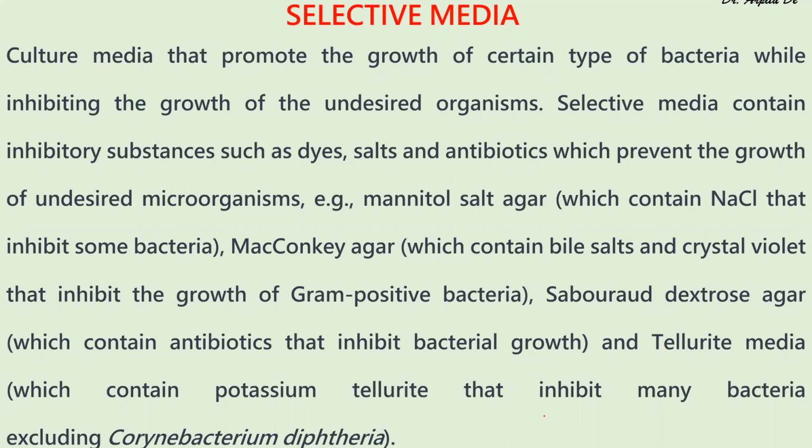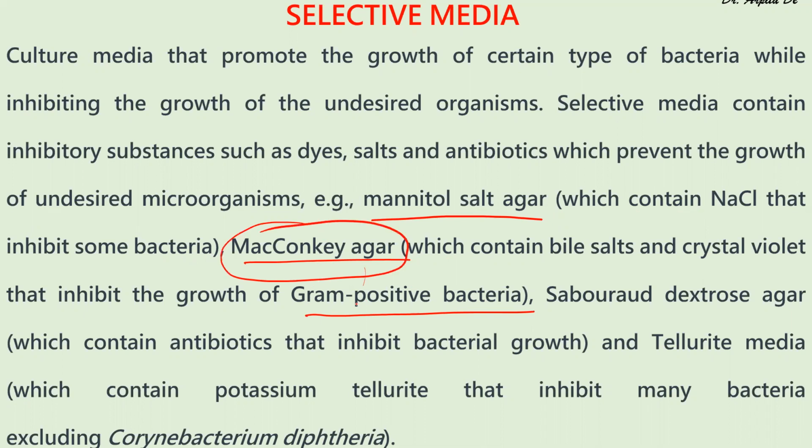Here also same thing. You know the definition, now you'll have to know the examples. Mannitol salt agar contains NaCl that inhibits some other, non-desired bacteria. MacConkey agar contains bile salts and crystal violet that inhibit growth of gram-positive bacteria. So you can use this for gram-negative ones because it will have inhibitors for gram-positive bacteria.